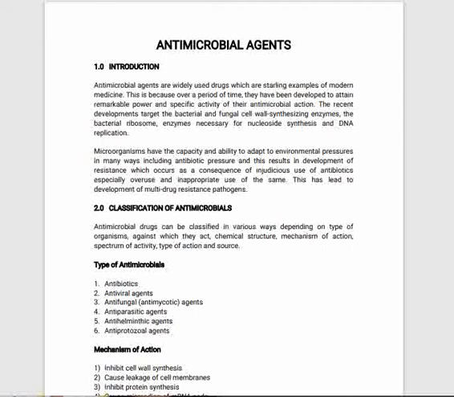Microorganisms have the capacity and ability to adapt to environmental pressures in many ways, including antibiotic pressures, and this will result in the development of resistance, which is a consequence of injudicious use of antibiotics, especially overuse and inappropriate use. This has led to the development of multi-drug resistant pathogens.